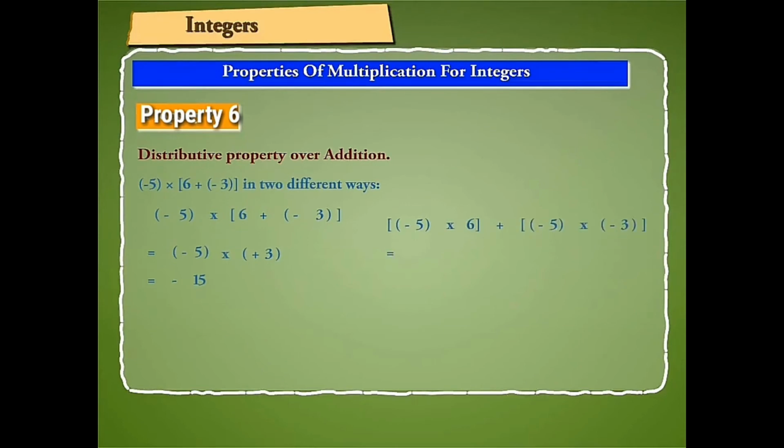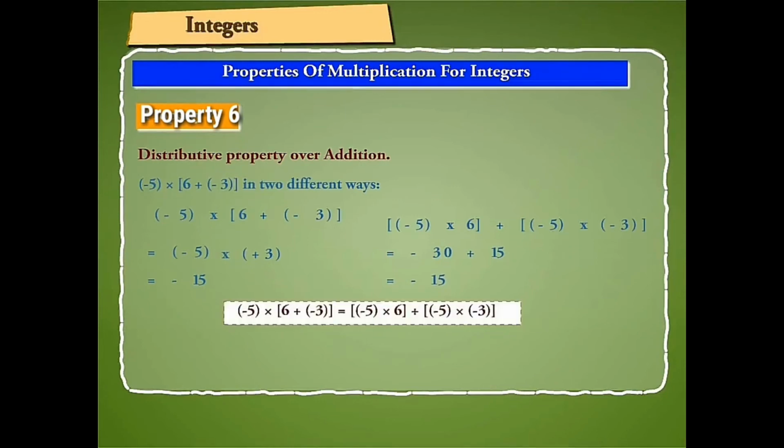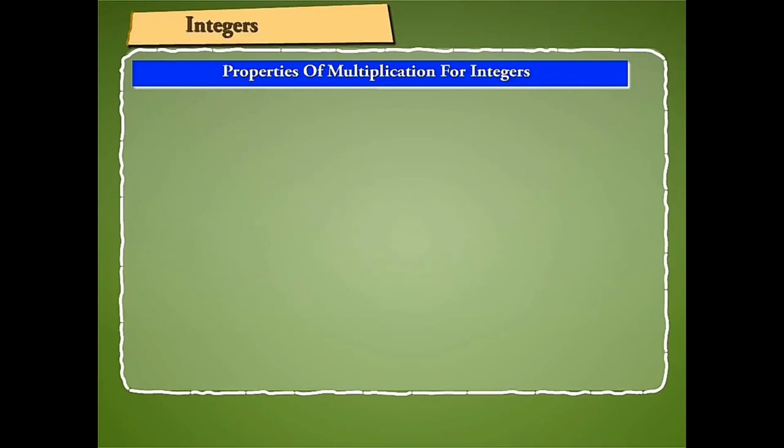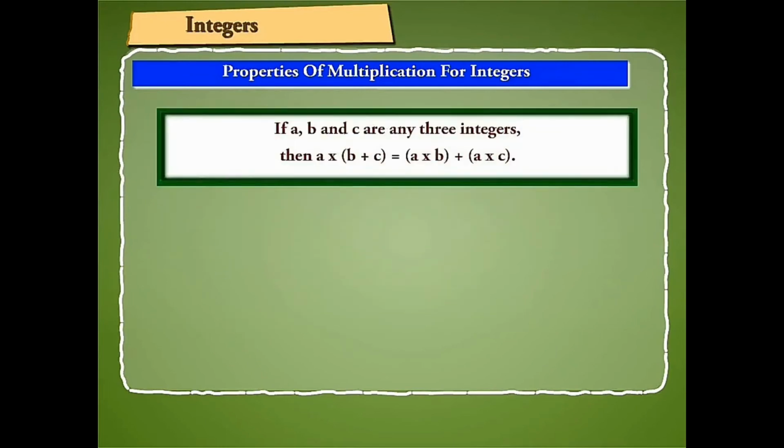Second, minus 5 into 6 plus minus 5 into minus 3, that is equal to minus 30 plus 15, that is equal to minus 15. Thus we see that minus 5 into 6 plus minus 3 is equal to minus 5 into 6 plus minus 5 into minus 3.